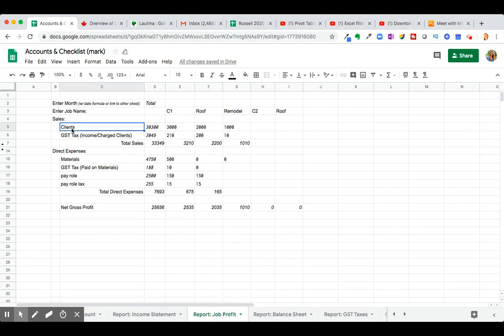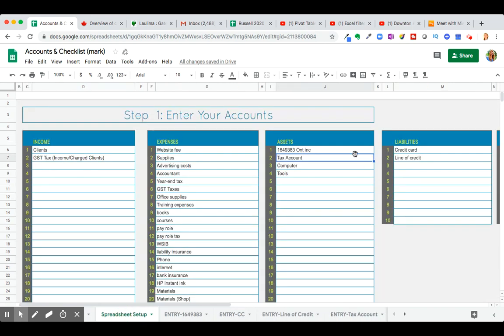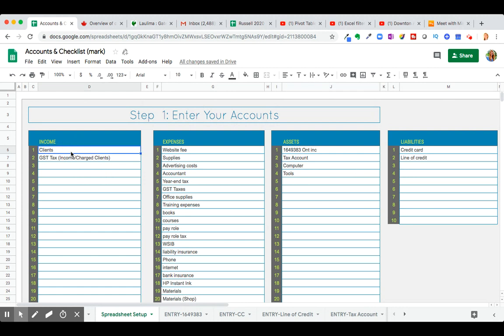I think it might make it a little bit easier to review the profitability, because then you'd have sales by client or sales by type. Like remodel income, which you could just enter, because we can always still total it all together, even if you separate it out into these categories.